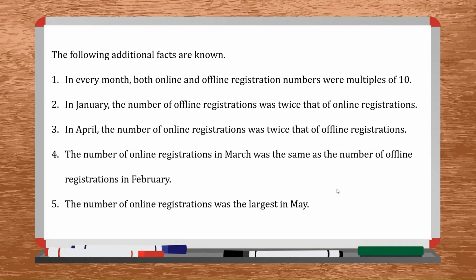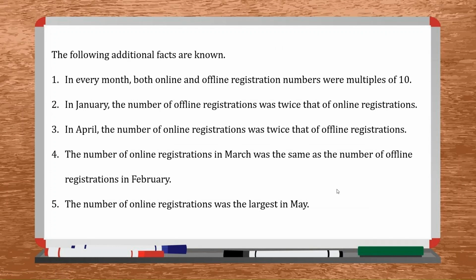In April, the number of online registrations is twice that of the offline registrations. And also, the number of online registrations in March is the same as the number of offline registrations in February. So these are comparative, like one value is twice the other, or the same as the other. And the fifth point is an absolute statement: the number of online registrations is largest in May.